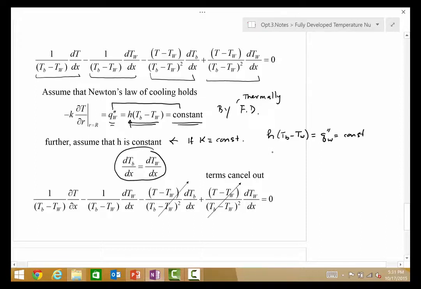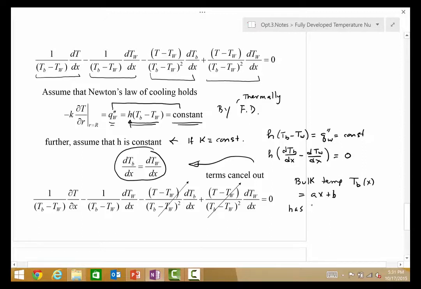We take the derivative of this with respect to x, we get 0, and it just says that the bulk temperature, which we found to be linear for a constant heat flux problem, has the same variation as the wall temperature.